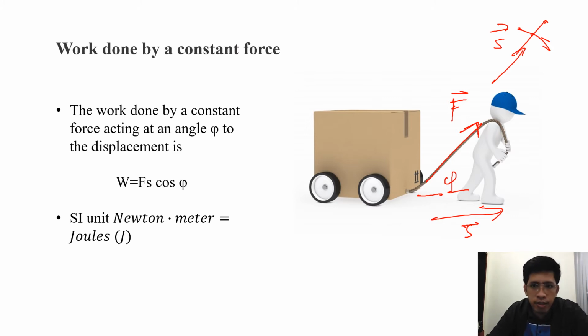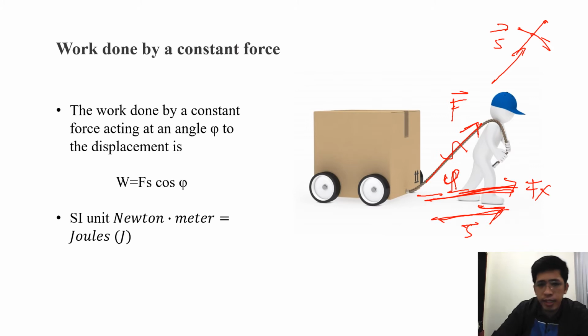But here, as you can see, we can satisfy your third condition. If you get the component of this force, you have this component here, which is your Fx, in the same direction as your displacement S. So the work done by a constant force acting at an angle phi is W equals Fs cosine phi.